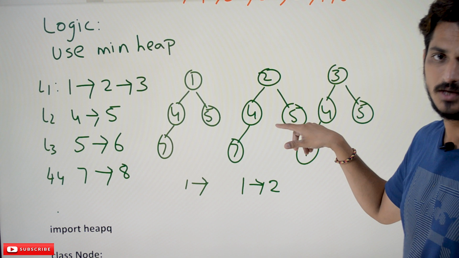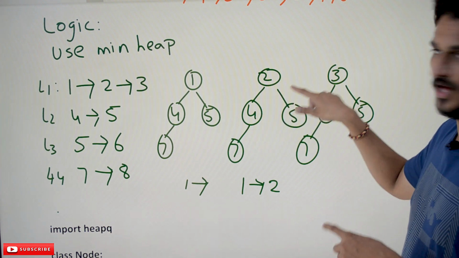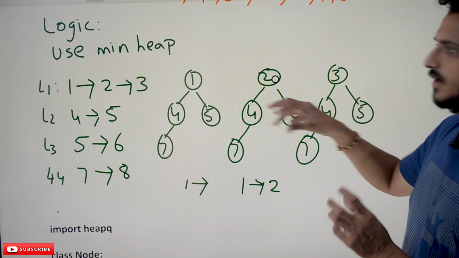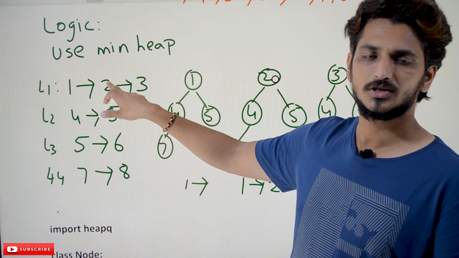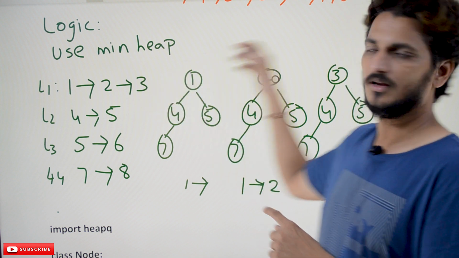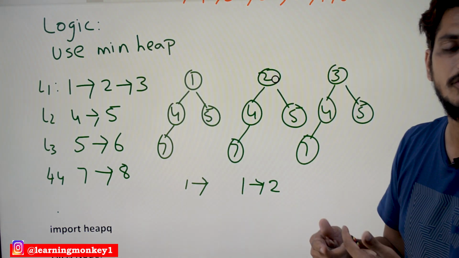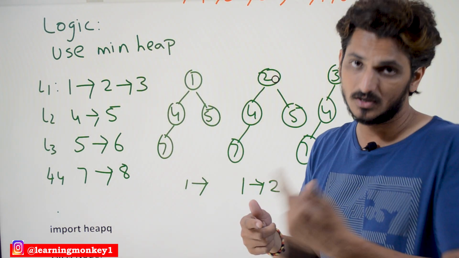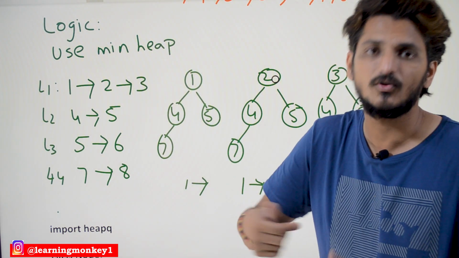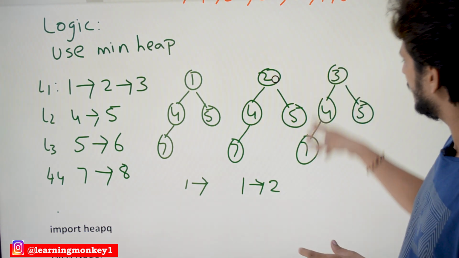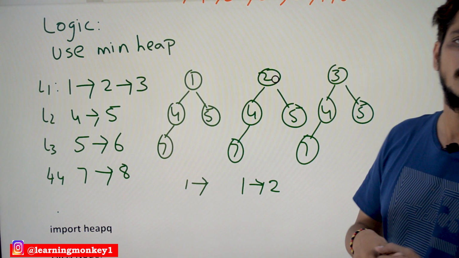Whenever you push onto the heap, it creates a new heap with the topmost element being the minimum, 2. Take it out. What's the next element from that list? 3. Again create a new heap with heap push. We discussed this function last class. It creates a new heap with the element 3.